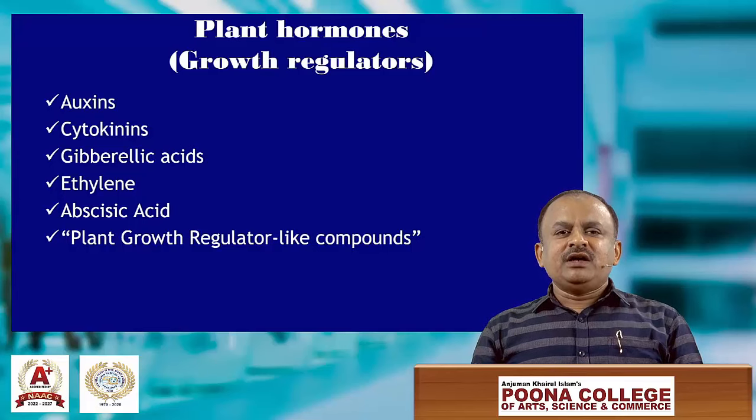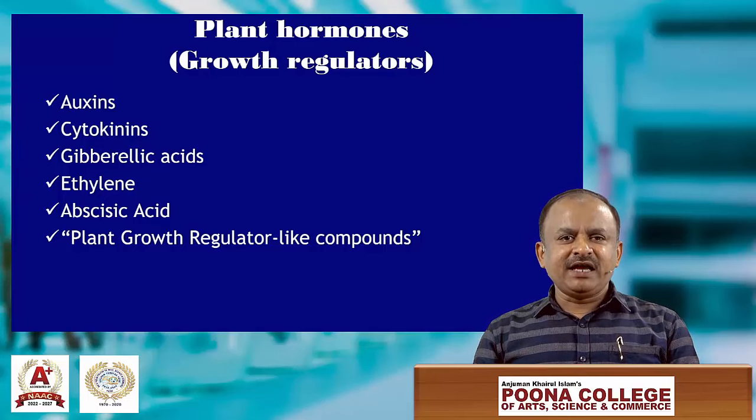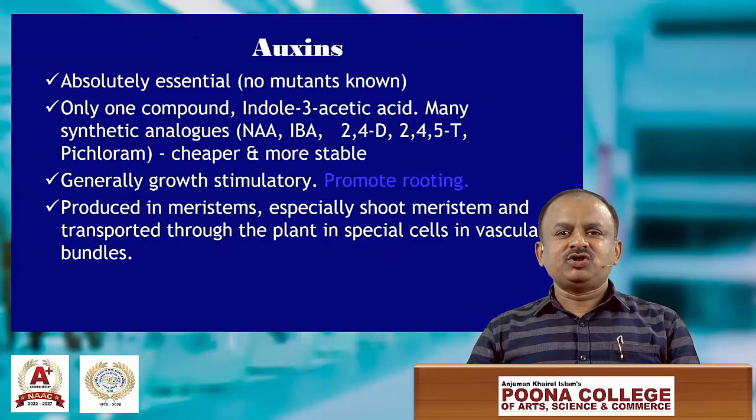Here we'll now discuss the different plant hormones or plant growth regulators required for tissue culture techniques. The first is auxins, second cytokinins, then gibberellic acid, ethylene, abscisic acid, and plant growth regulator-like compounds required for plant tissue culture techniques.